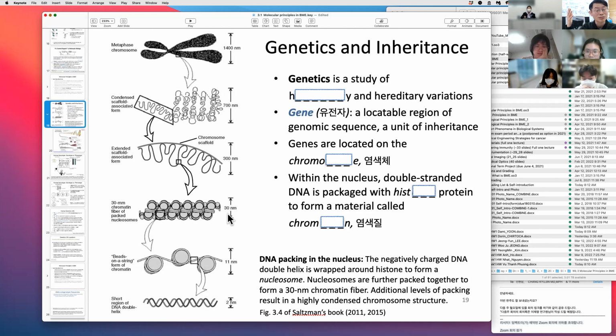So you probably have to use something like an atomic force microscope, which has higher resolution, or an electron microscope. I don't know whether we actually use it. And then you look at this beads-on-a-string form, which is 11 nanometers.